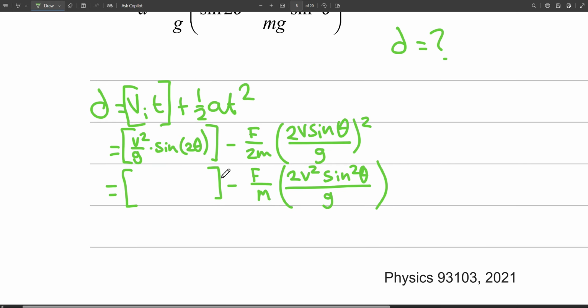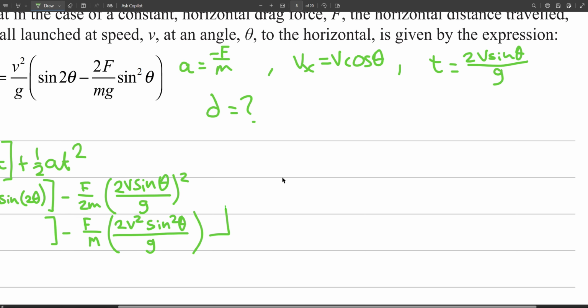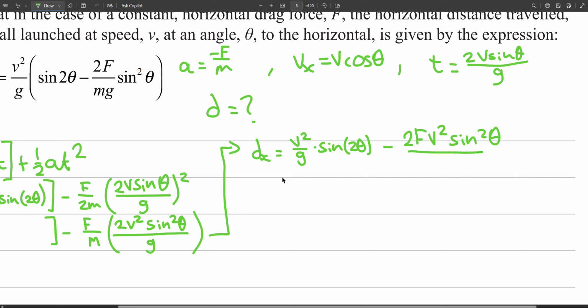Now expanding this expression, we get dx equals v squared on g times sine of 2 theta minus 2F v squared sine squared theta on m g squared. Taking a look at the two terms, you can factor out the v squared on g because that's common.